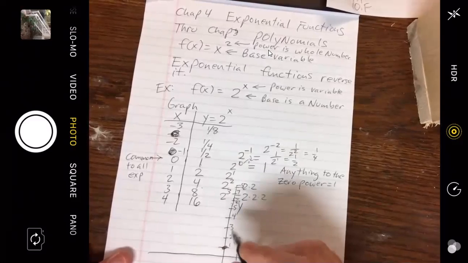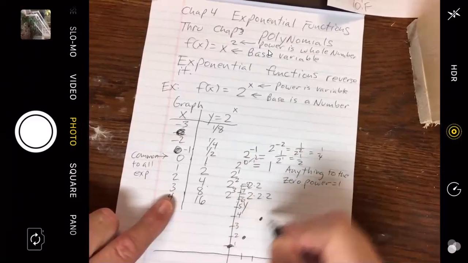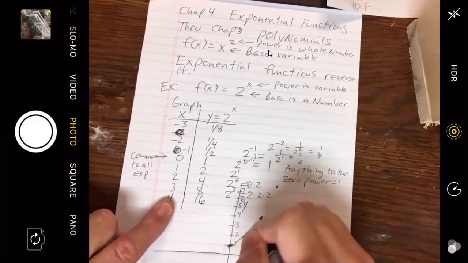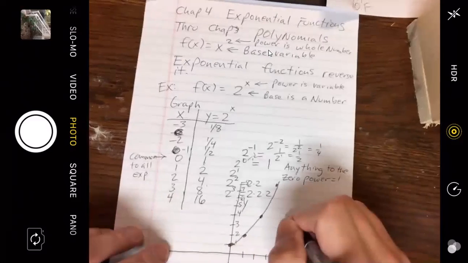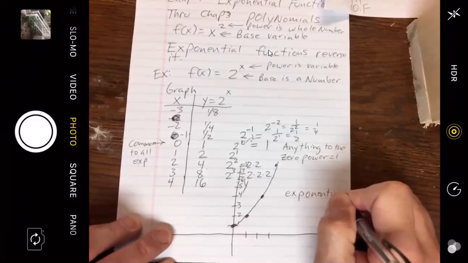You've doubled your y. 2 over, and you're up to 4. This is called exponential growth. 3 over, and you're up to 8. And you're getting exponential growth.